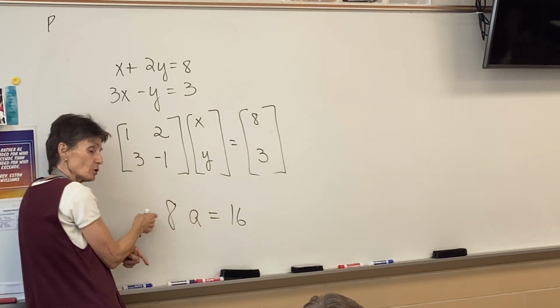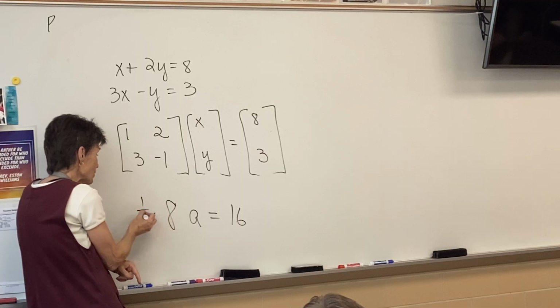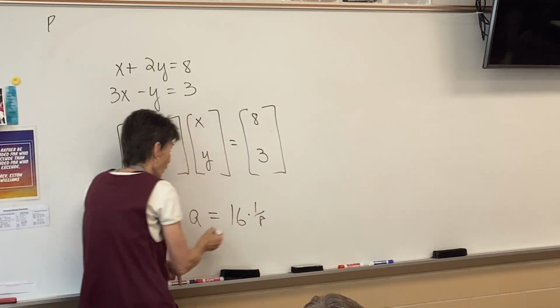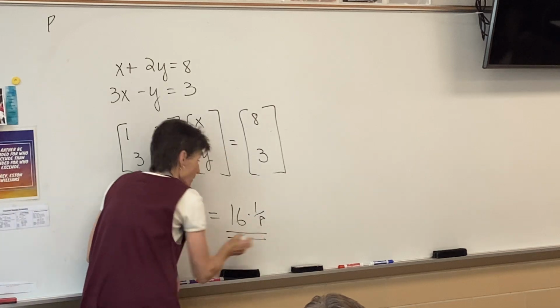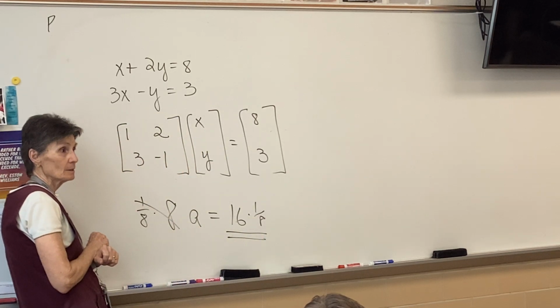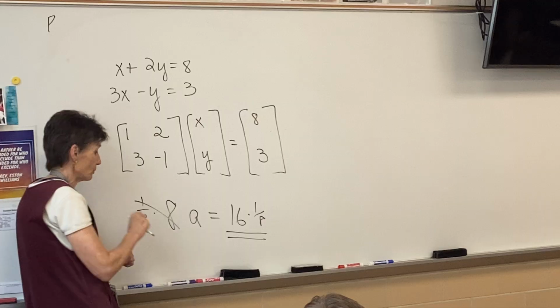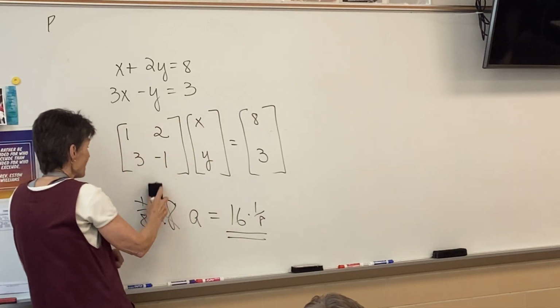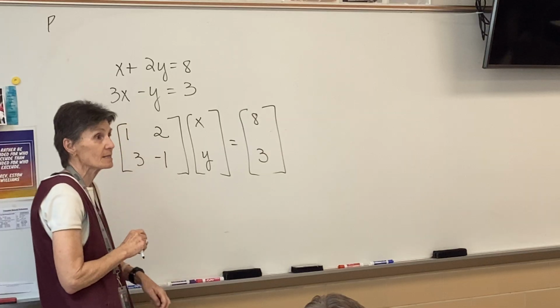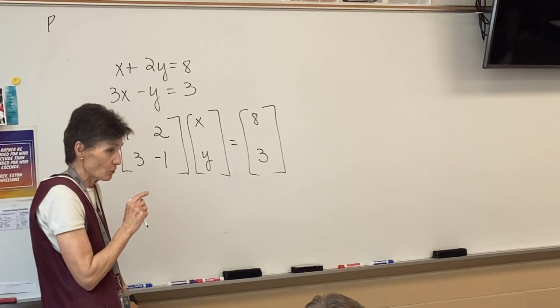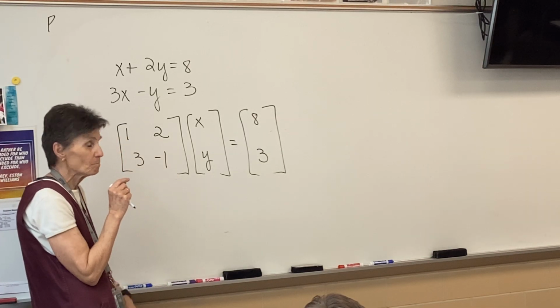If an equation looks like that, don't we just multiply both sides by 1/8 so that those cancel? And then our answer comes from that right there? That's what we're going to do, only since that's a matrix, we're going to have to multiply both sides by the inverse of the matrix.